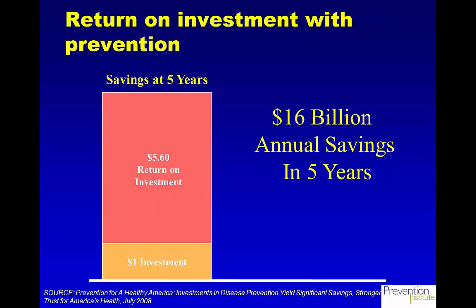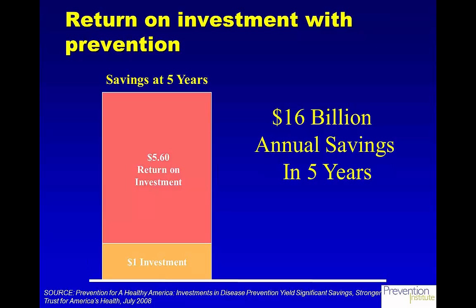But with prevention, rather than paying the bill when the bill is due, we're actually going to have savings. We're actually going to have money. Obviously, we've paid the money on prevention, but a great deal of savings in our health care funds, bills we don't need to pay, averaged as a $16 billion return to taxpayers.